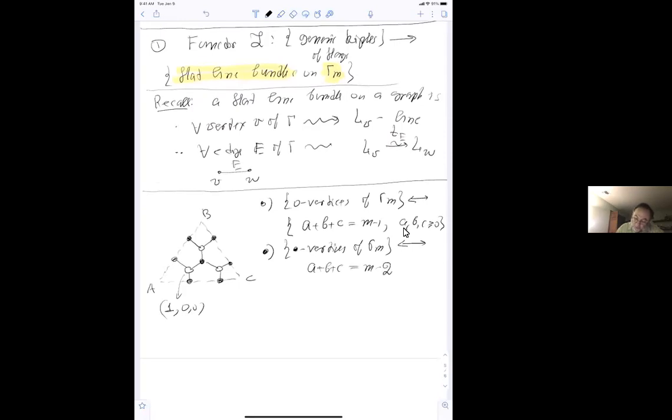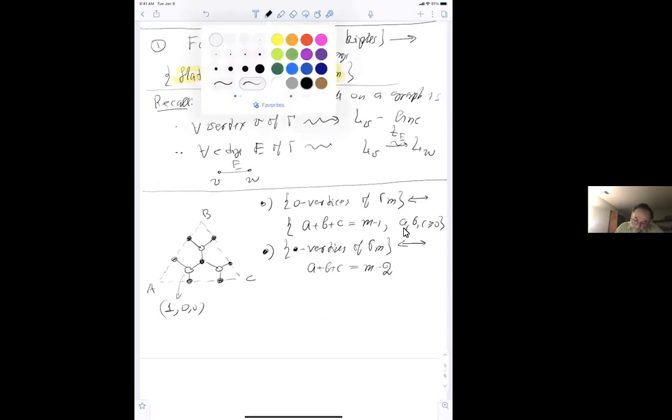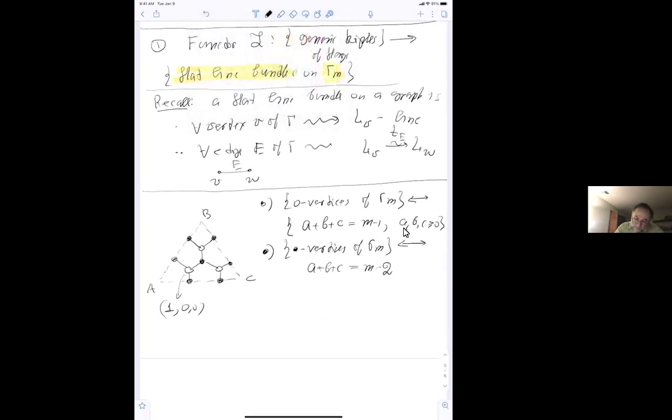And indeed, you see that in this case, you have only one solution. This solution is 0, 0, 0, and this is a solution which you assign to this black vertex.